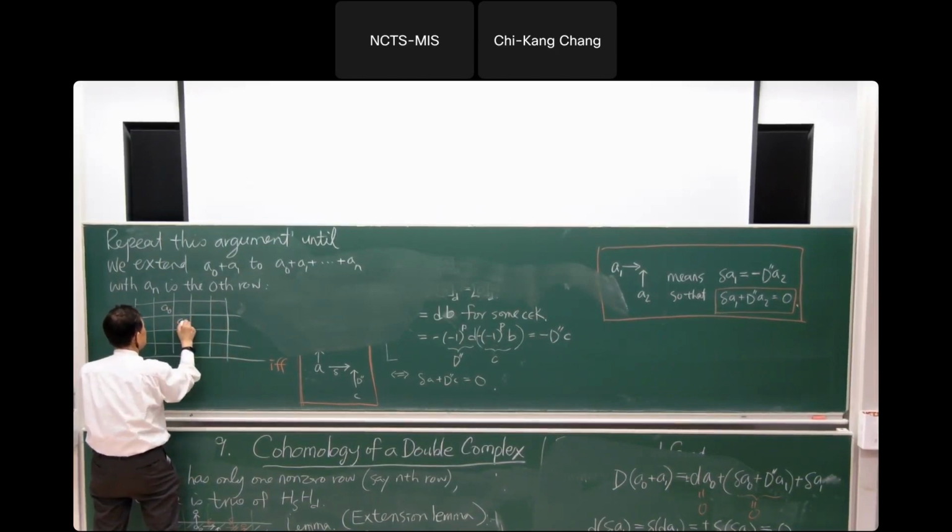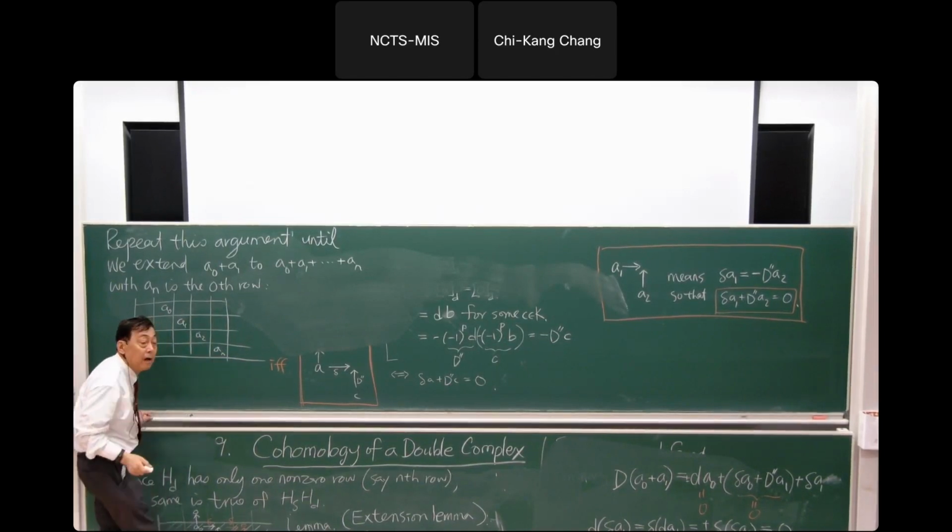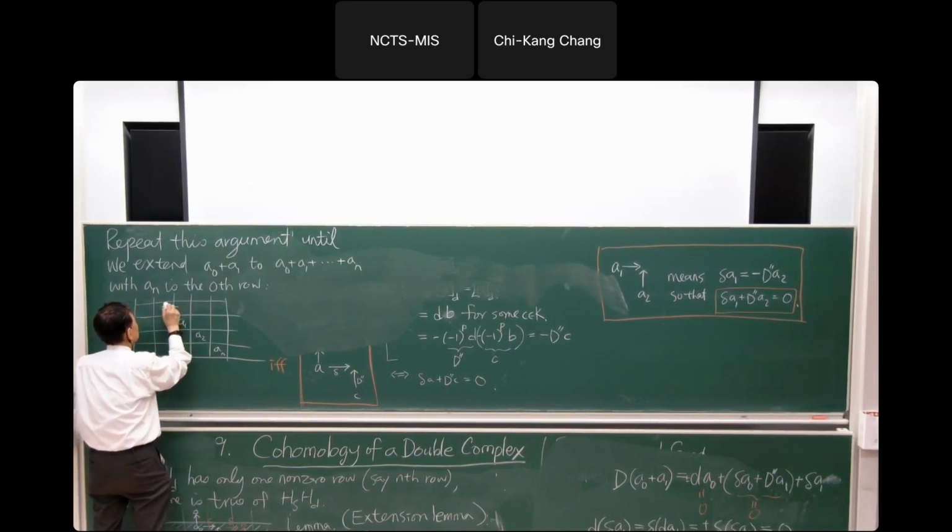So A0, A1, A2, and AN, and you have this zigzag.